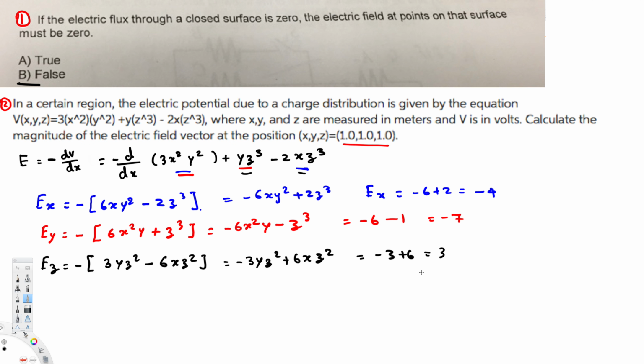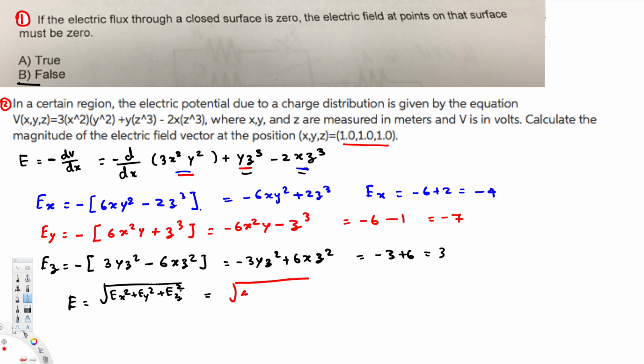So finally we have to find the total net electric field. The net electric field is going to be simply the square root of Ex² plus Ey² plus Ez², right? If you square a negative value, you're going to get a positive value anyway, so let's write everything in terms of positive.